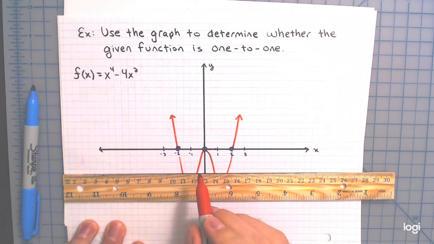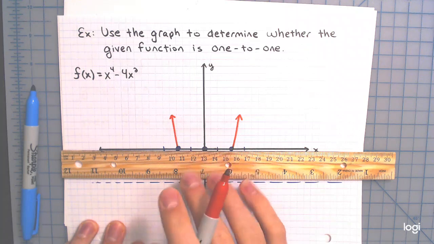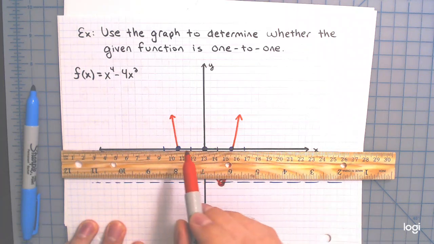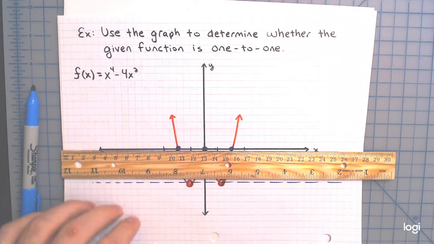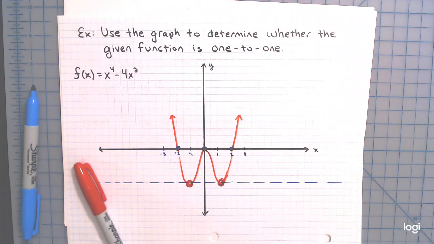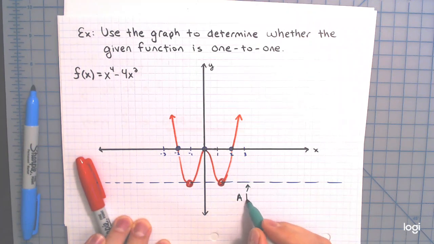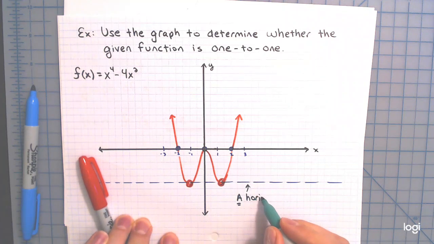It hits it here, here, here, and here. The x-axis is a horizontal line which hits the graph 3 times. But as soon as you can find one, here's a horizontal line that hits the graph more than once. And again, all you need to do is find one horizontal line.